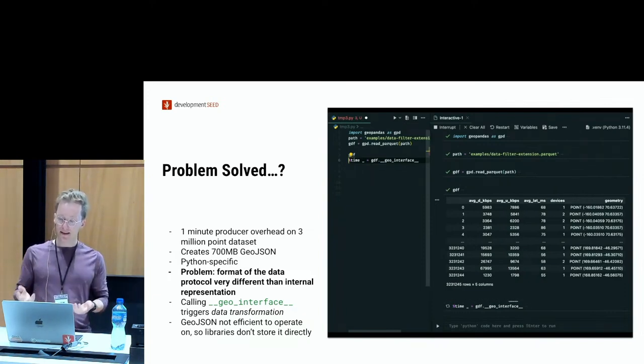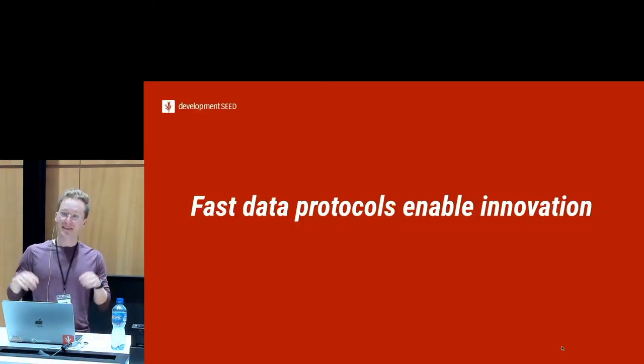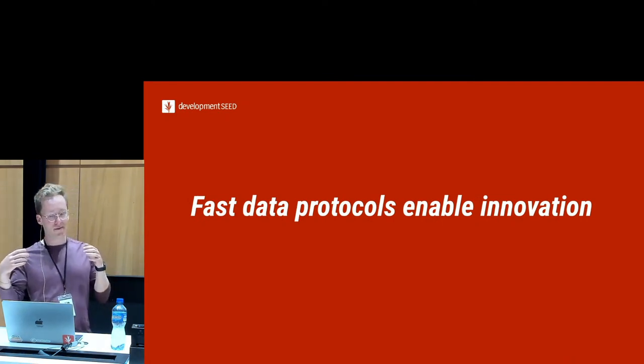And this takes about a minute just to convert all of the GeoPandas attributes into GeoJSON. And then any library that wants to consume that data has to convert it back into some other representation. And so the key problem is that calling this attribute triggers some data transformation. It's still going, okay.